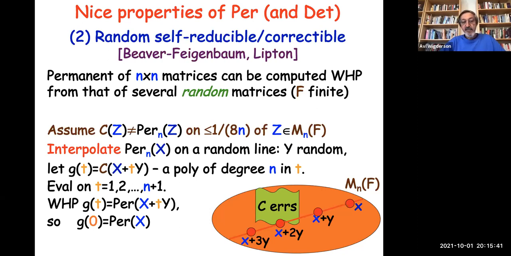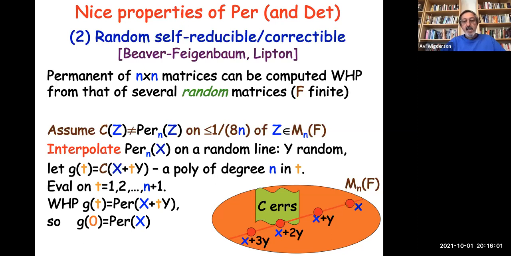The idea for interpolation is that you can define a univariate polynomial. Let's call it G of a parameter T, where T is in the field. It's what the circuit does on the matrix X plus TY, on the points that you see in the picture.